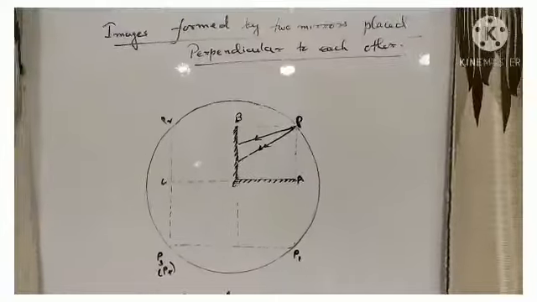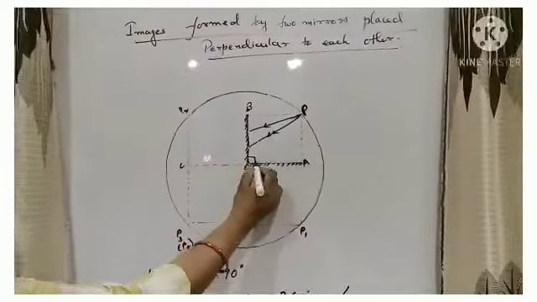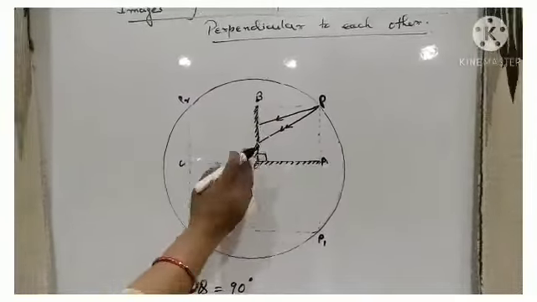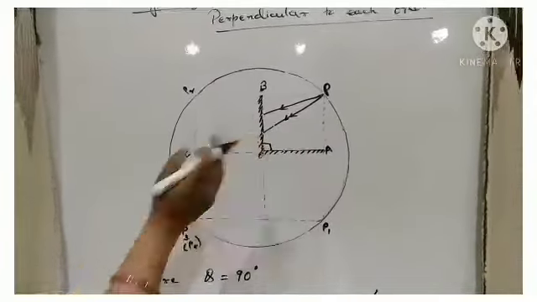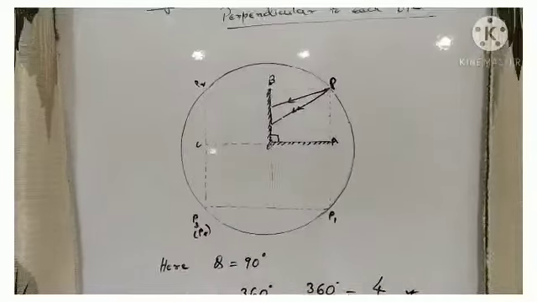Now the case when the two mirrors are kept perpendicular to each other. Suppose this is a mirror OA and this is a mirror OB, placed perpendicular to each other, that is, theta is 90 degree.